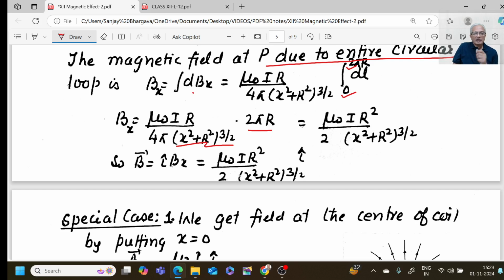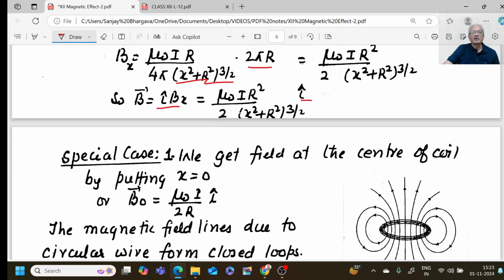Including the direction of the magnetic field, B vector would be equal to Bx i cap, that is μ0 I R square upon 2 (x square plus R square) power 3 by 2 i cap. The i cap gives the direction of the magnetic field.